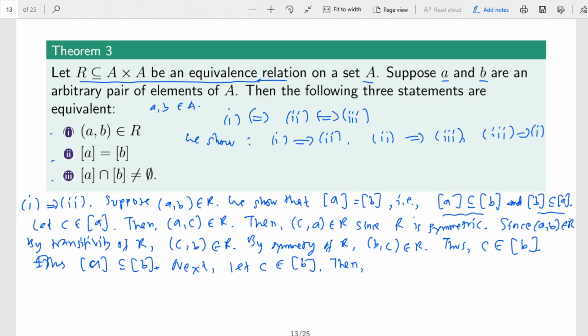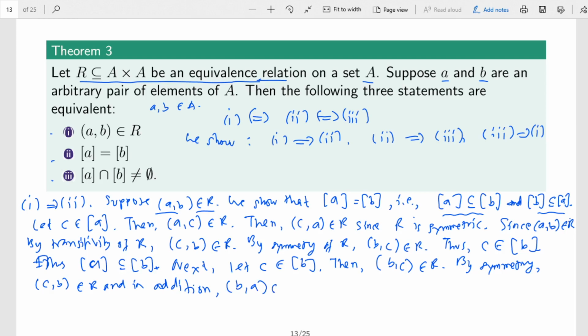Then again, this time (b, c) is in R. By symmetry, we have that (c, b) is in R. In addition, by our first assumption, we also know that (b, a) is in R by symmetry.